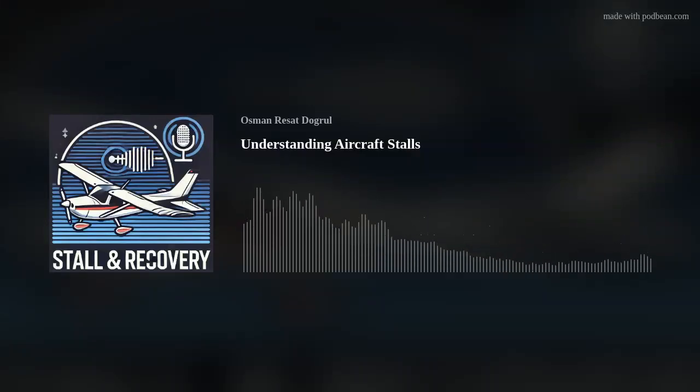What affects stall speed? An aircraft always stalls at a constant angle of attack, known as the critical angle of attack. Since most aircraft lack angle of attack indicators, except for some modern electronic flight displays, pilots must rely on airspeed indicators.